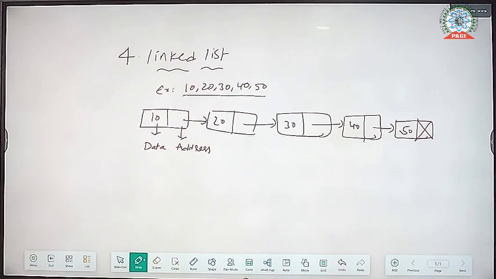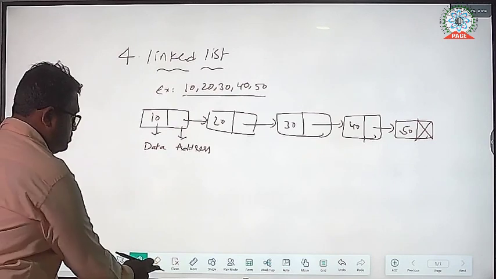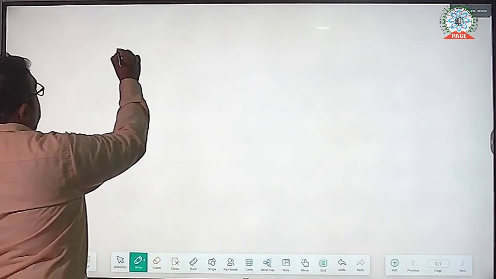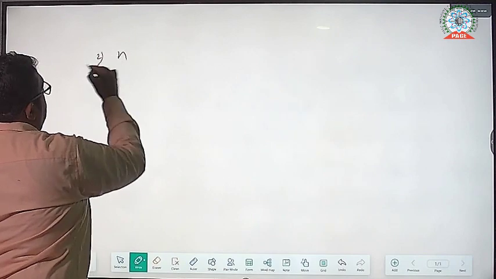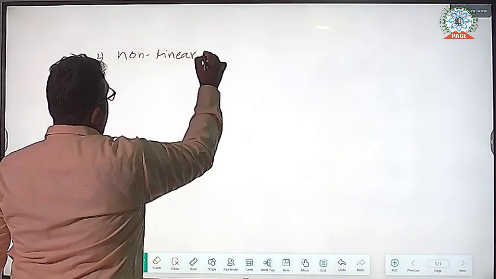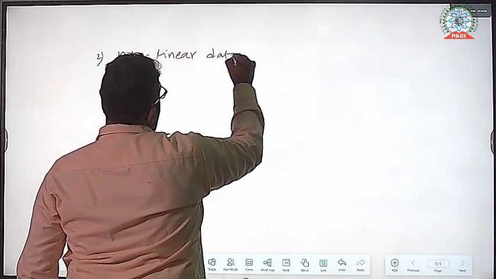Okay. Now coming to non-linear data structures. Second one, non-linear data structures.